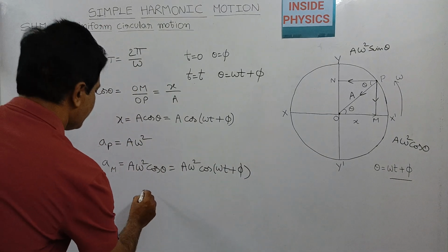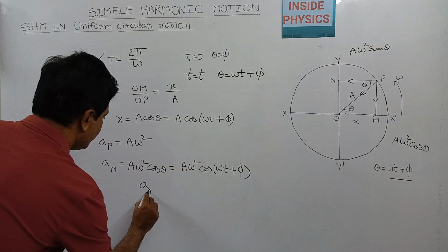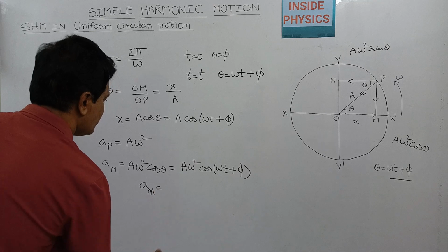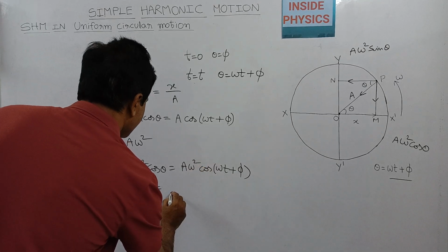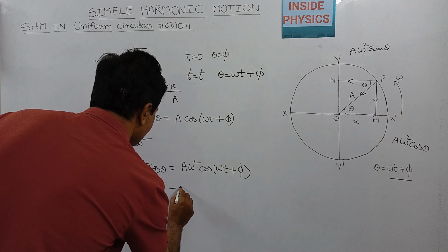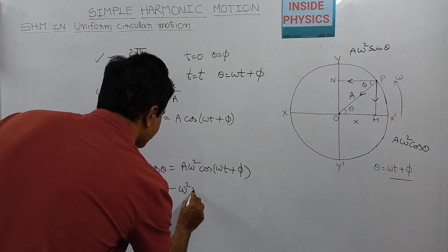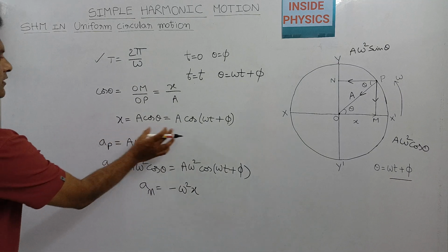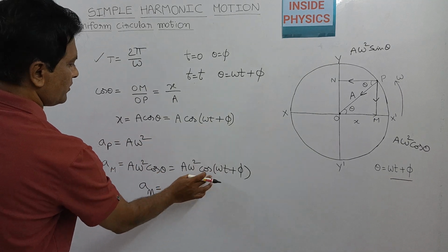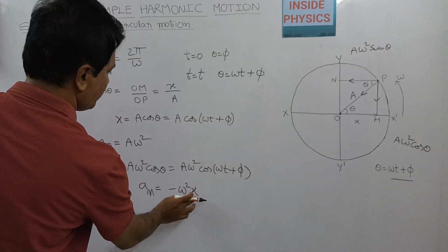So we can write AM is equal to minus omega square x, since A cos of omega t plus phi has become x.